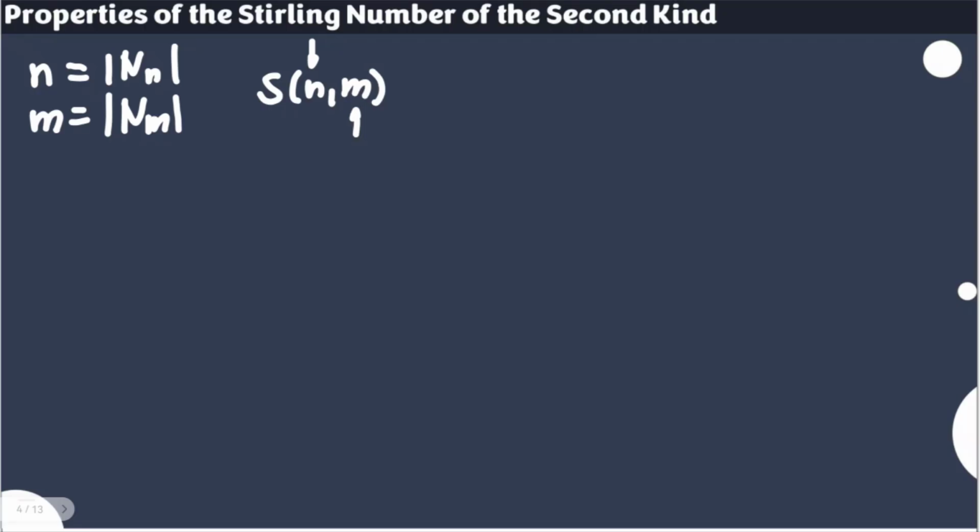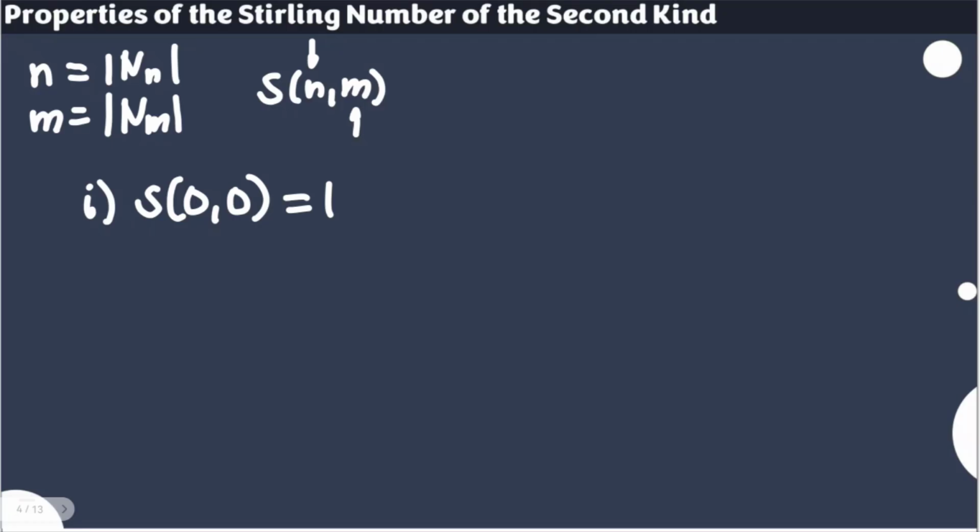The first property is actually the Stirling number of 0 and 0. This is equal to 1. Illustration for that: how many ways to distribute 0 objects into 0 boxes? Since there are no boxes and there are no objects, there's only one way to distribute that: do nothing.